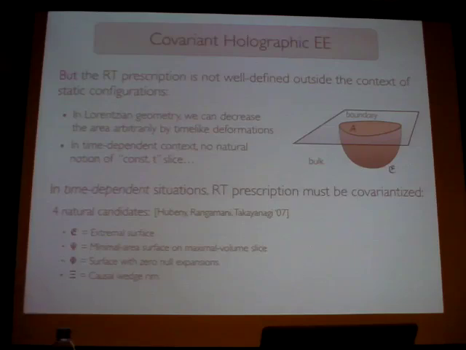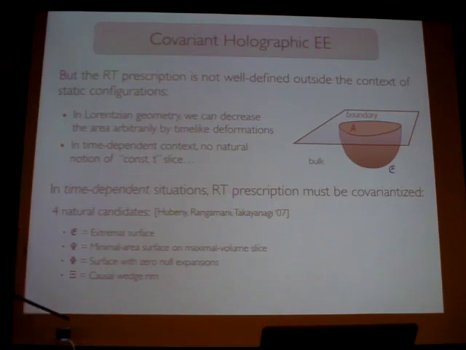You could think that, well, we have seen that null rays are somehow special and very telling, so maybe we could take a surface which has zero null expansions, which is the furthest light sheet you could have, the one from which the light sheet reaches the boundary.